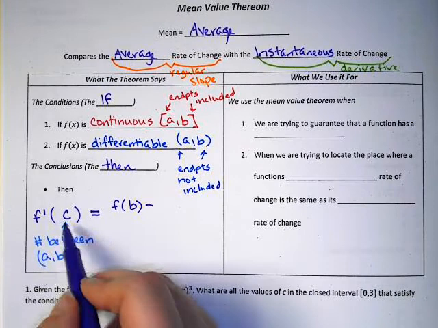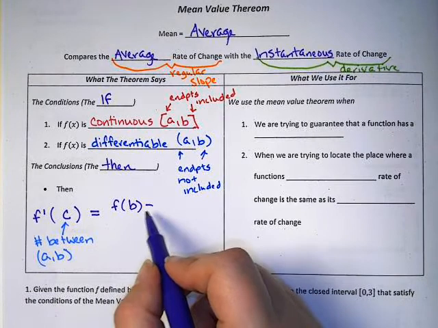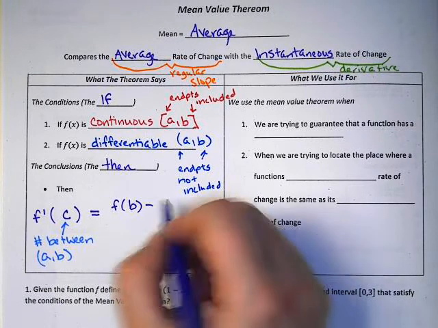The instantaneous rate of change at point c must equal the average rate of change over the interval.